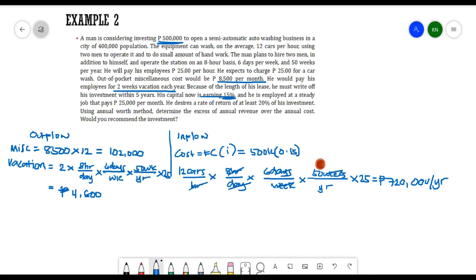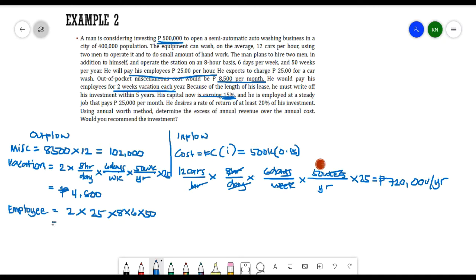But again, at the car wash he will pay his employees 25 pesos per hour. So the salary of the employee, I'll just write employee here, is 2 times 25 times, again, the 8 times 6 times 50.